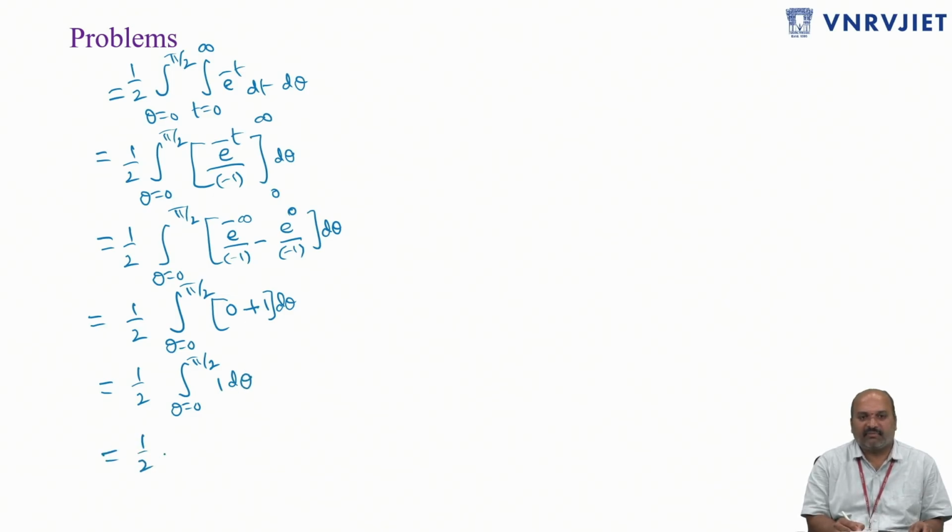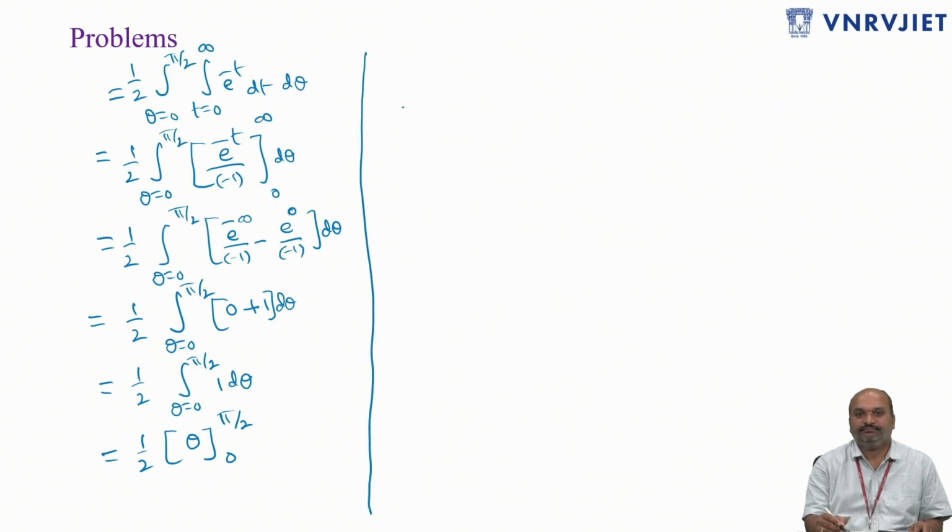The integral of 1 d theta is theta, with upper limit pi by 2 and lower limit 0. That means I equals 1 by 2 into (pi by 2 minus 0), so it equals pi by 4, which is I.